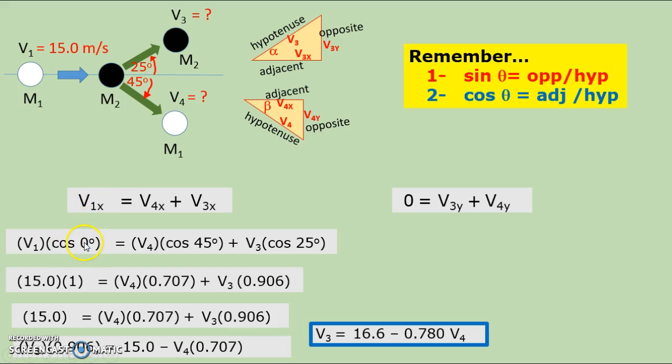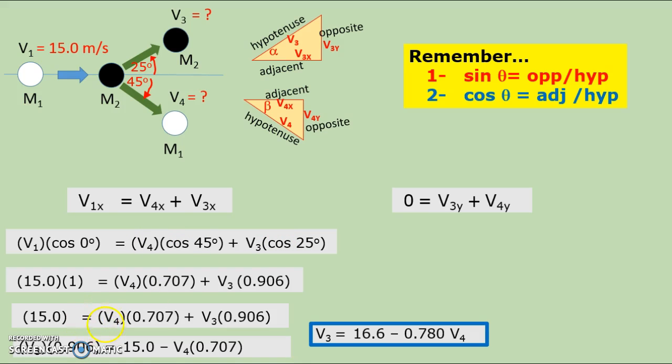That's going to be the cosine of 0, which is 1, times V1. The x part of V4, I'm looking for the x part here, so that's going to be V4 times cosine of 45 plus the x part of V3, the x-axis component of that velocity. Since it's a vector, we can decompose it into two parts.